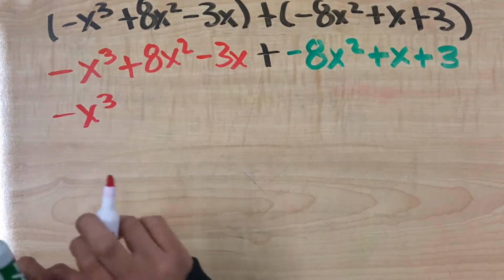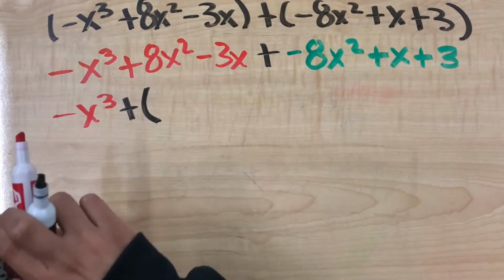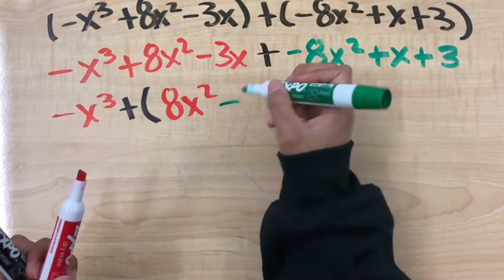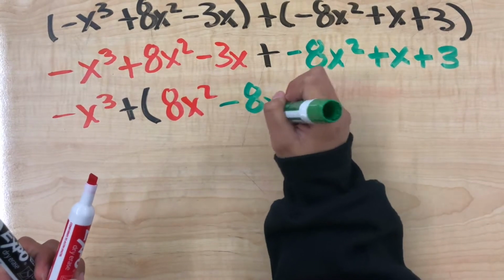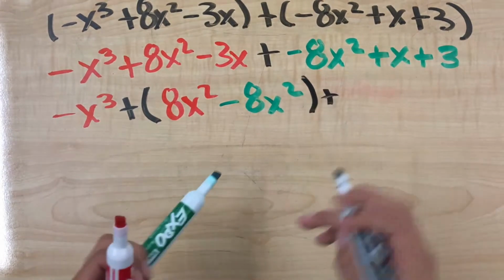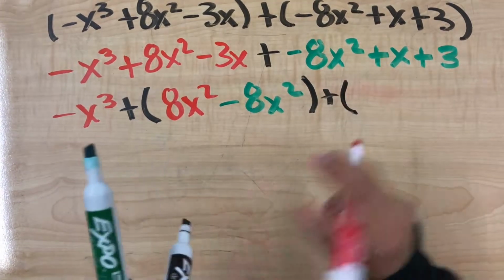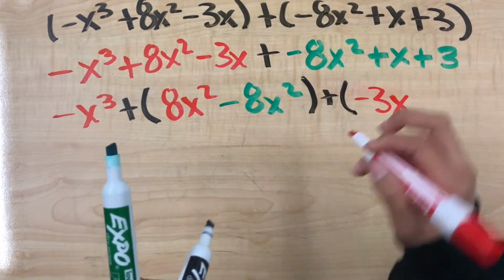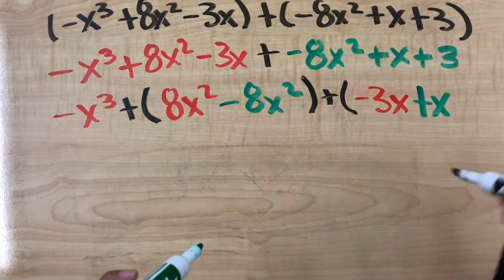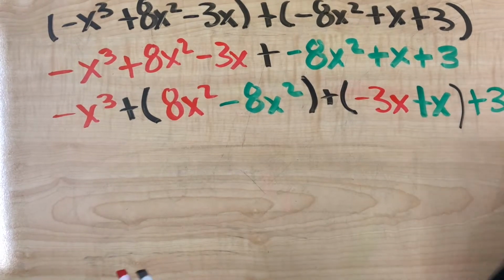So in this case, it would be positive 8x squared combined with the negative 8x squared. Then we combine another set of like terms, which is negative 3x plus x, and then plus 3.